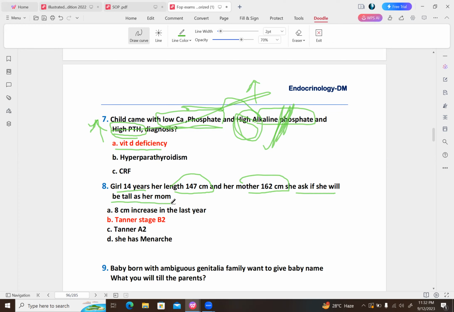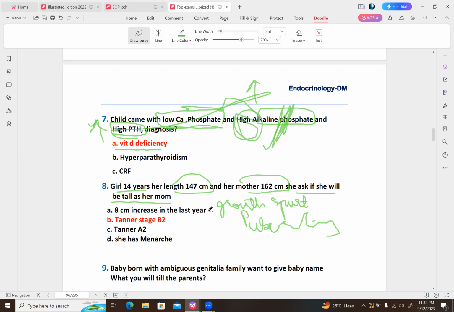Actually, the final height depends upon the growth spurt that occurs at the time of puberty.